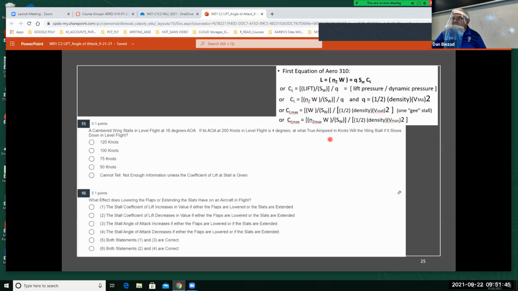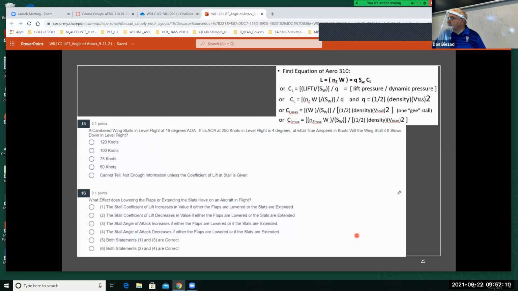So if I get a C sub L change by a factor of 4, what has to happen to the velocity over here in Q? It's the double. So it must be 100 knots. If it's 4 degrees at 200 knots and I slow to 100 knots, the AOA will go up by a factor of 4 to 16.